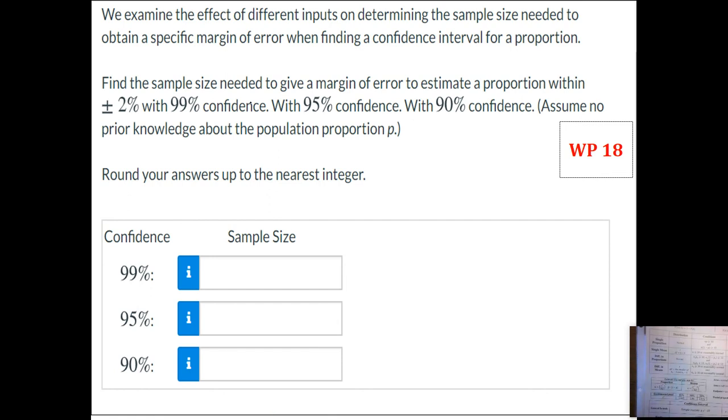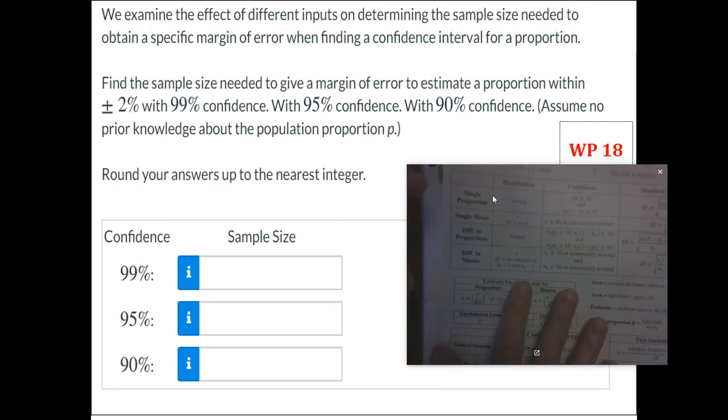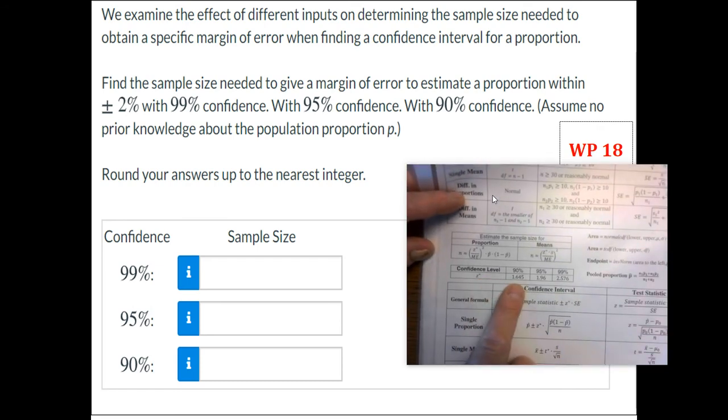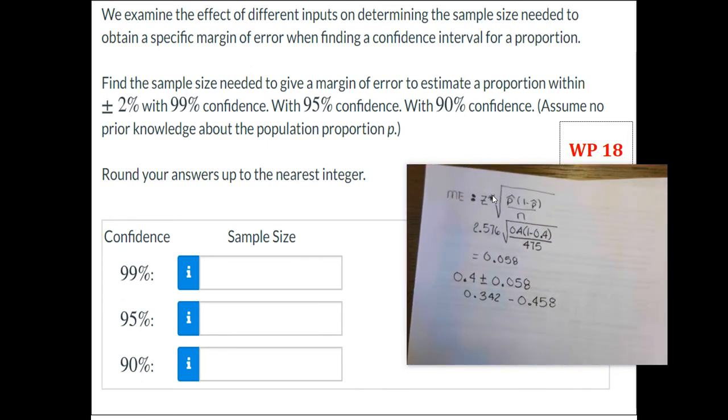We are going to need a couple of things here. First of all, I'm going to have to blow this up so we can do a little bit of writing over here again. We're going to have to recognize the fact that our z levels are here. These are our z levels, and we're going to use this particular formula right here. So use your references. I'm going to move mine off to the side.